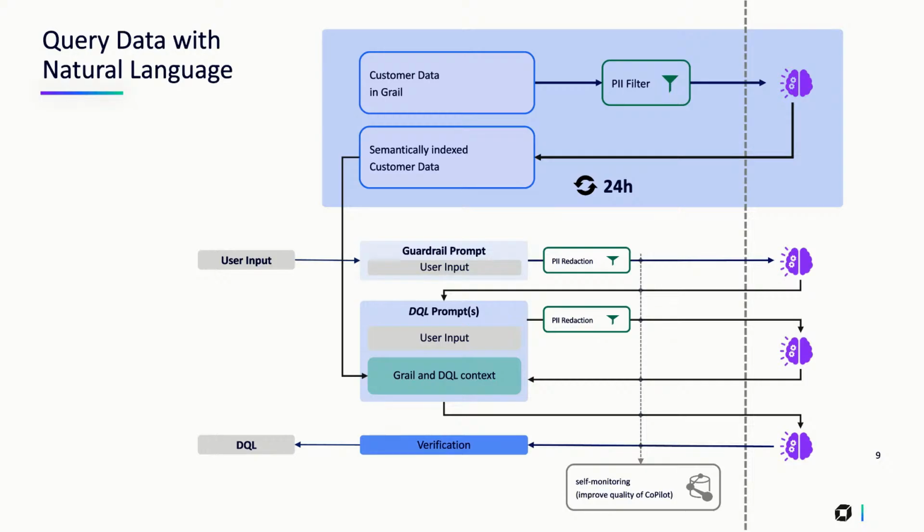Because this session is about observability, one point you should note on the diagram already is this teeny tiny gray dashed line with the nodes into self-monitoring, which should depict that we also collect the actual prompts which are sent to the LLM and the answers which are coming back from the LLM, also in a PII reduced manner, in order to be able to react to negative feedback or positive feedback which we get from customers with the thumbs down, thumbs up feature in the product itself, or to identify and remediate bugs.